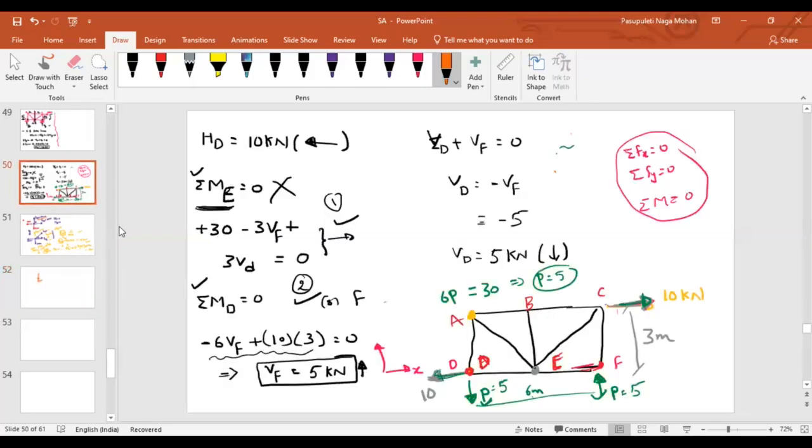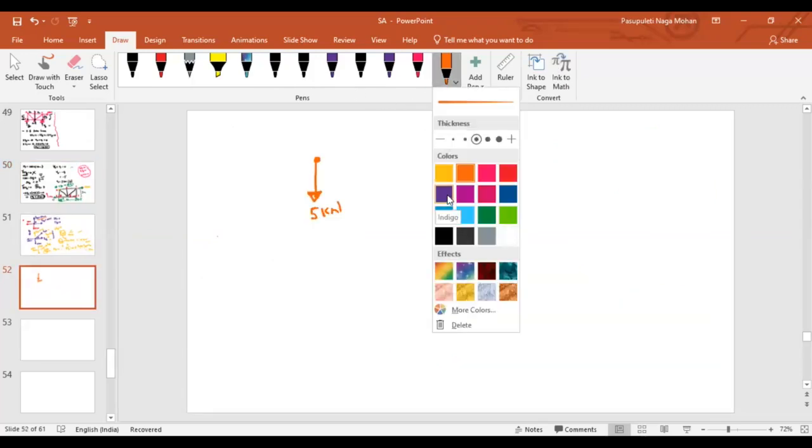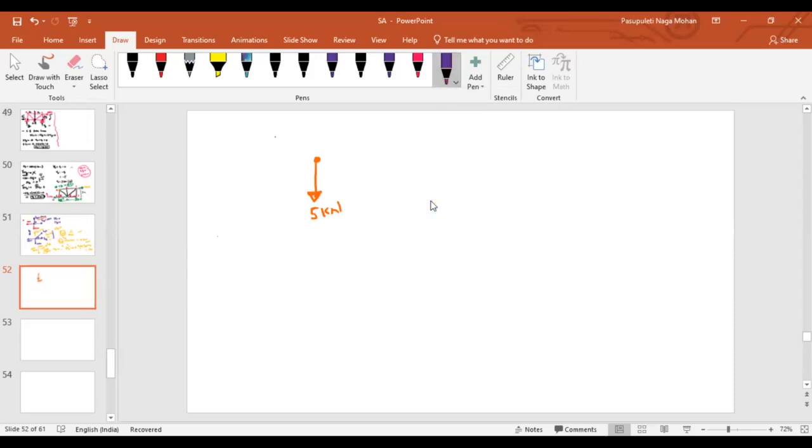Similarly, AB is along the horizontal direction. Again, I will assume that it is under tension. Draw a line along AB and say this is FAB, away from the joint. Similarly, for FAE, I will draw a line along the orientation of AE.